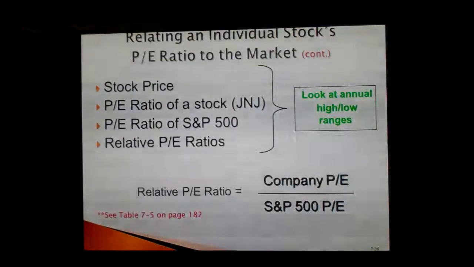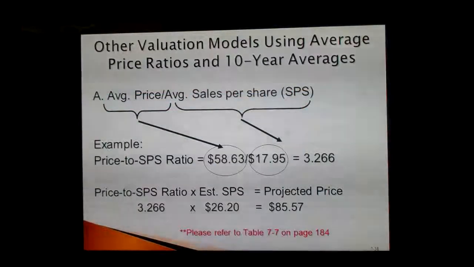So if the S&P 500 P ratio was 1 and the company P ratio is 0.5, that would mean the company had a relative P ratio of 50%. Pretty straightforward.